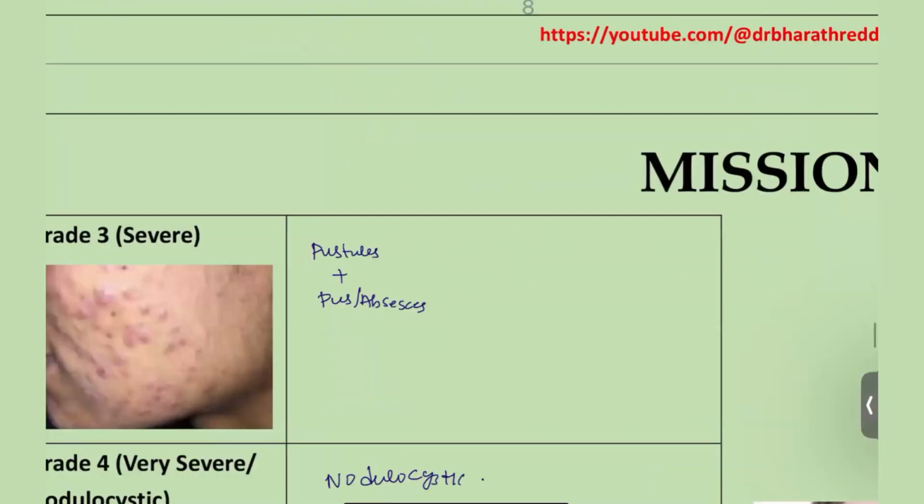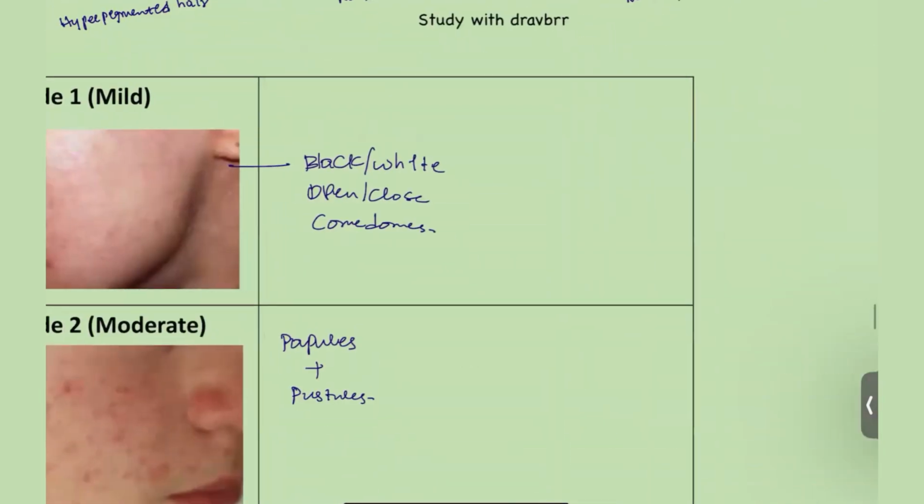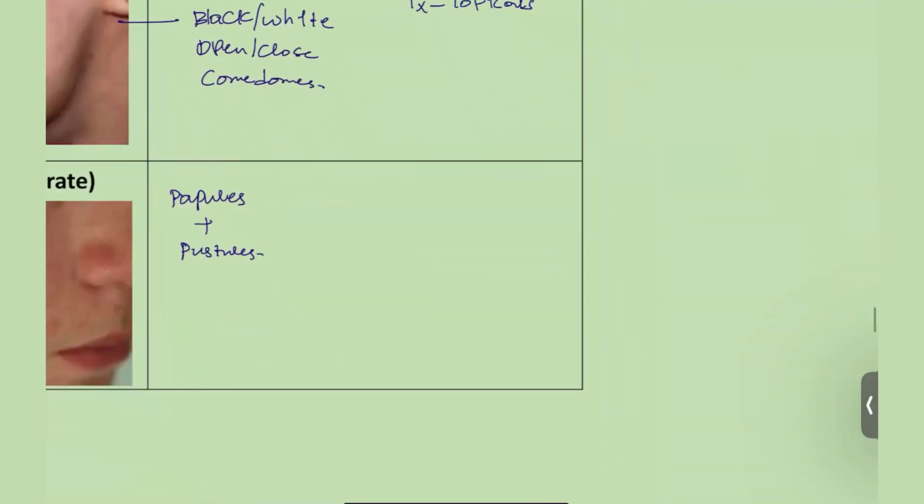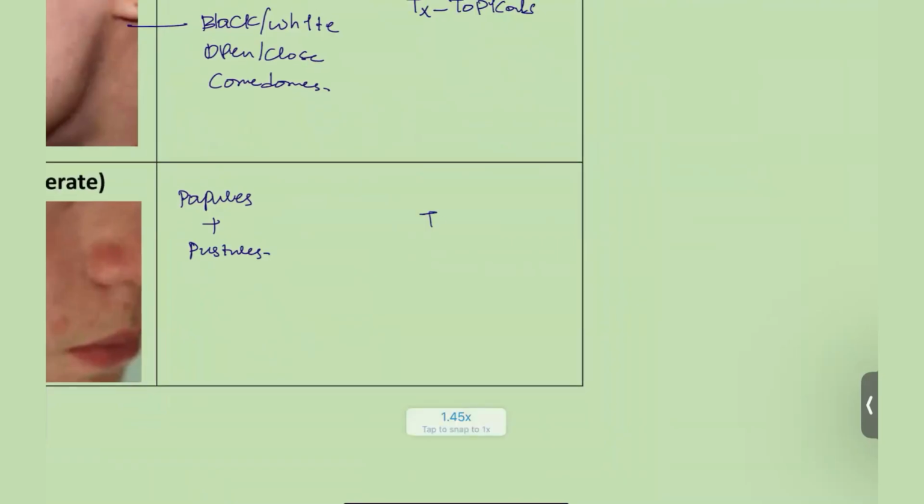Next, what is the treatment that we most commonly have to use in these patients? The grade 1 treatment will be topicals only, such as retinoids, which are commonly used. Next, grade 2: again topical retinoids and also topical antibiotics.